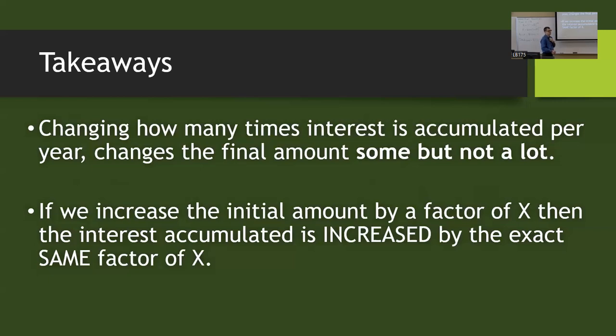And if you increase by a factor of 50, the interest increased by the exact same factor of 50. That makes sense. So if you increase the principal, you get the exact same factor increase in interest accumulated.